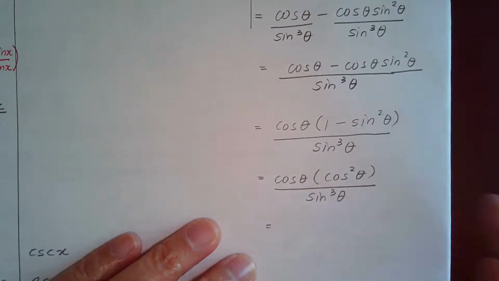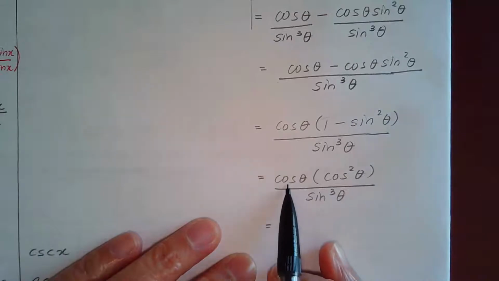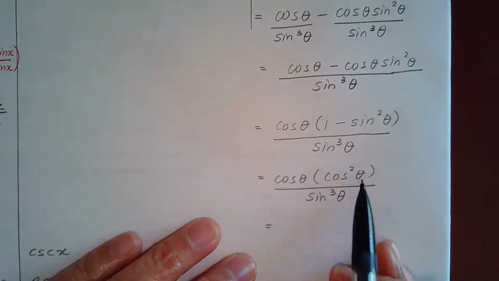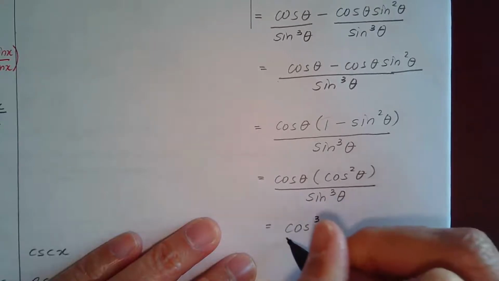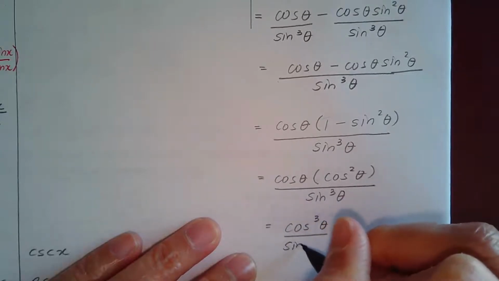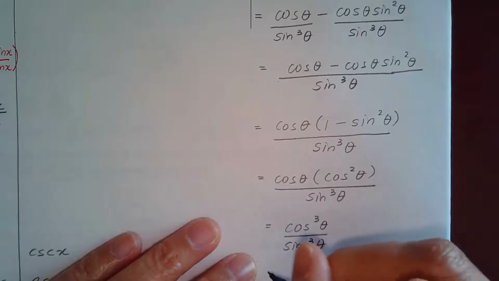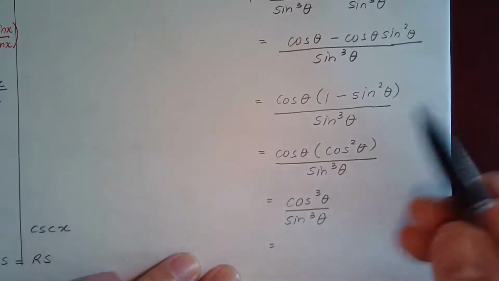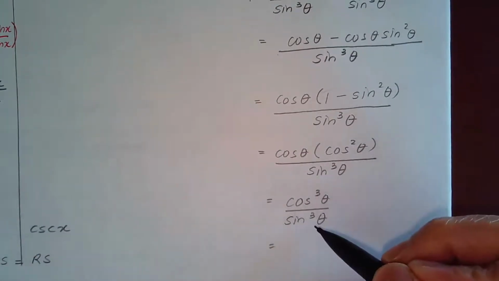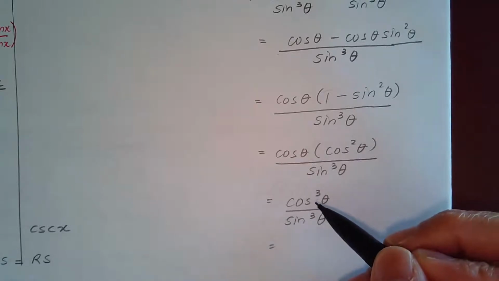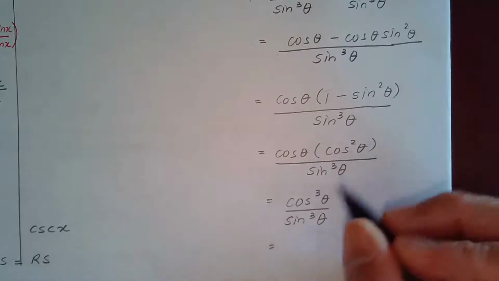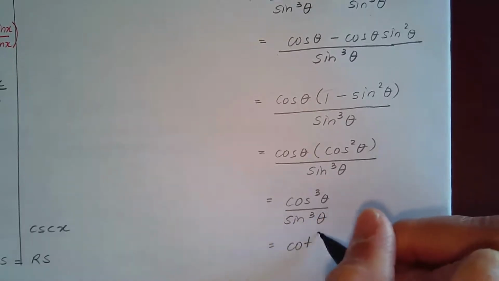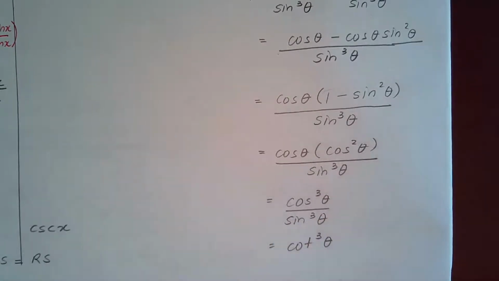Almost there. Cos theta times cos squared theta gives us cos cubed theta divided by sine cubed theta. And remember, cosine divided by sine is cotangent, but it's cubed. So this is cotangent cubed theta.